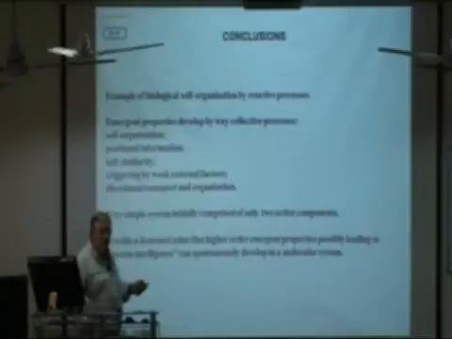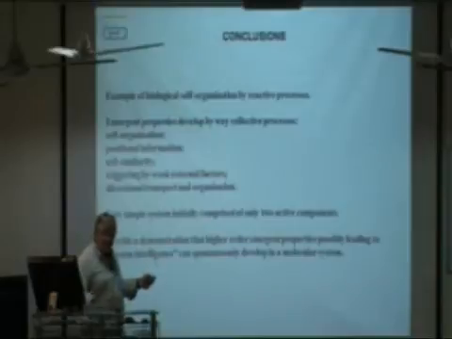Just tubulin and GTP, and it can do all this on its own, which after all these years, I still find quite remarkable. And what you see at the end is that you can provide a demonstration that higher order properties, perhaps eventually leading to swarm intelligence, can spontaneously develop in a molecular system.